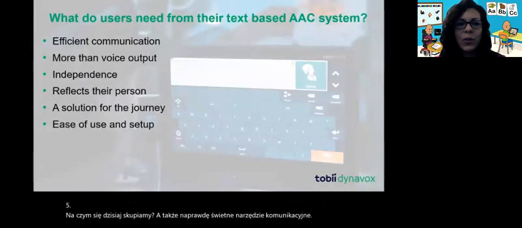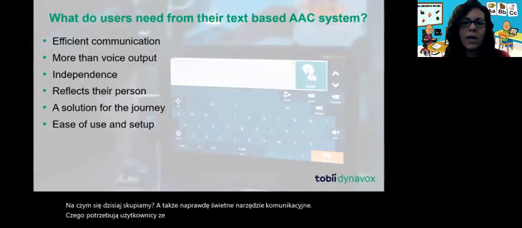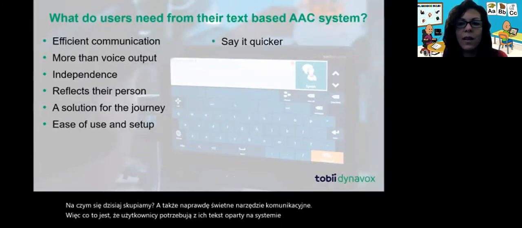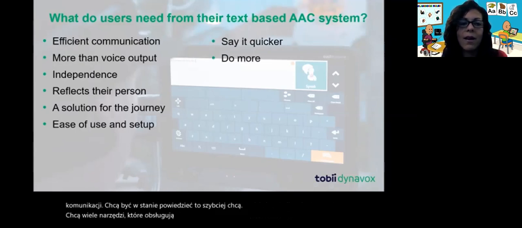So what is it that users need from their text-based AAC system? They need efficient communication. They want to be able to say it quicker. They want lots of tools that support communication in a fast and efficient way. They want it to be more than a voice output.